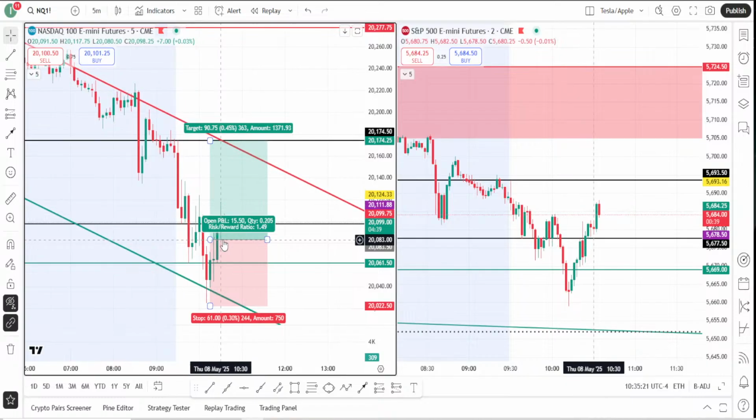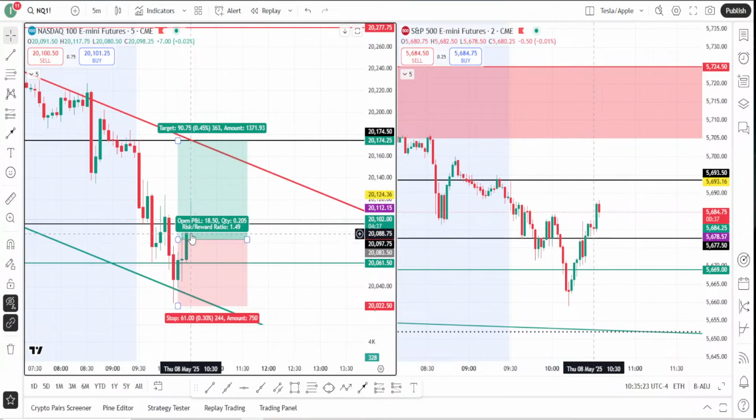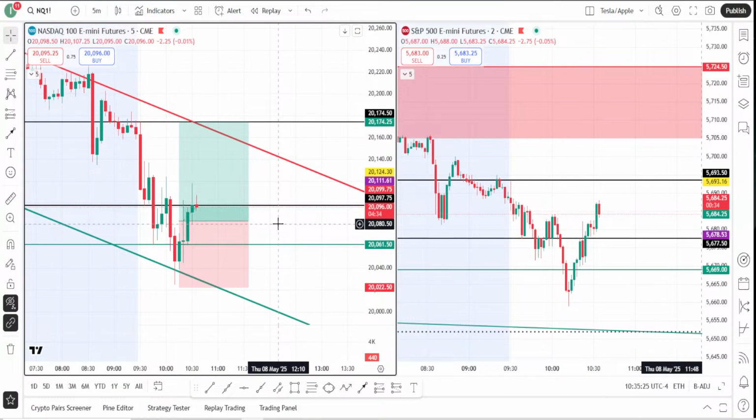Gotta be careful here. Buyers are getting a little bit weaker, but we're still in control. Sellers getting a little aggressive.